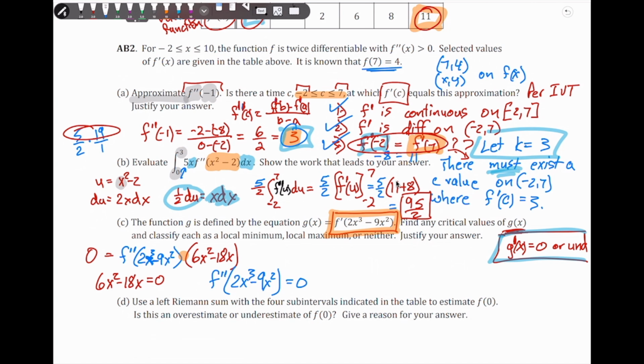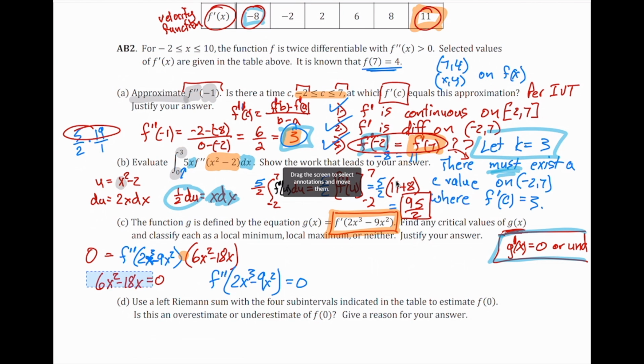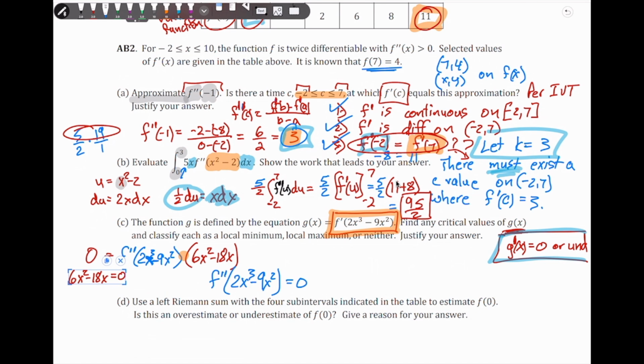Okay, so let's find this first one to start off. So we have 6x squared. So we have 6x that is going to be GCF'd out. We have x minus 3. So that we have x is equal to 0 and 3. Okay, so we have 0 and 3 for that first part. Now we have to see when is the second derivative with this input value equal to 0.